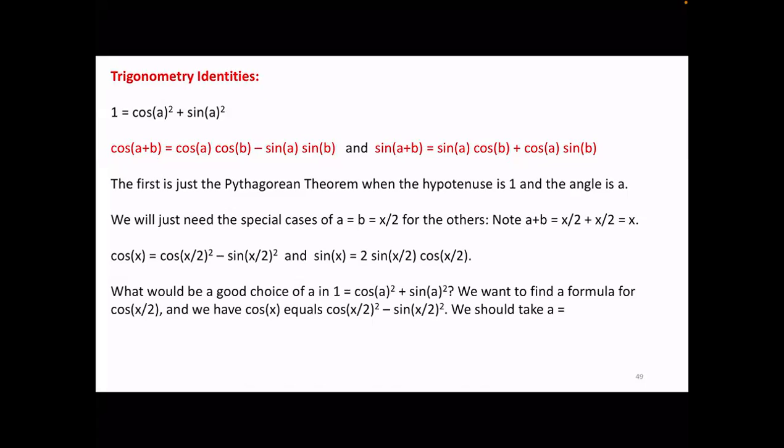What could we try? I need something related to x. I want to get cosine of x halves. What might be a good choice for A? Somebody needs to be brave and speak up.